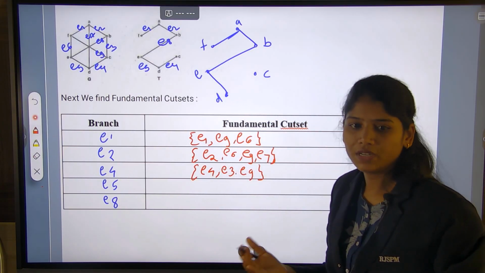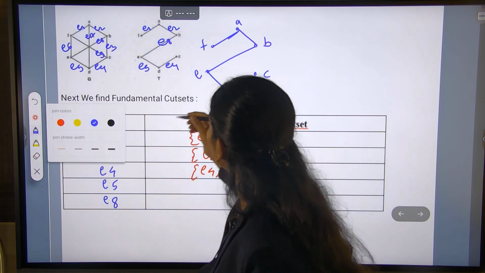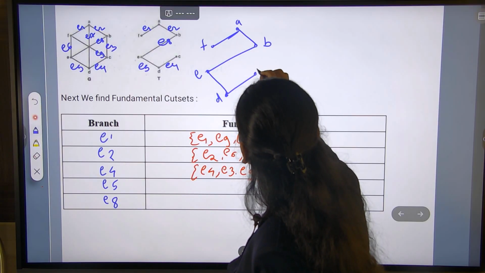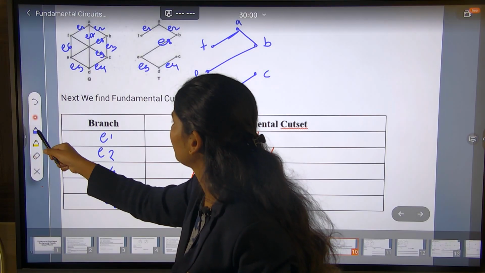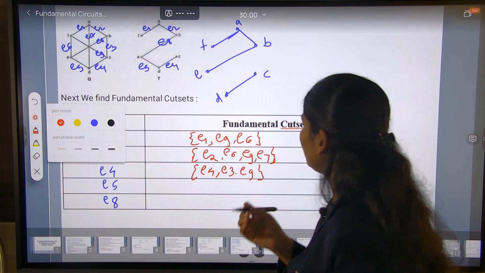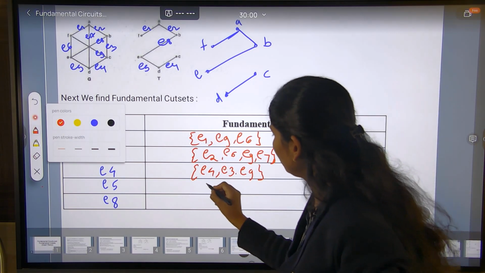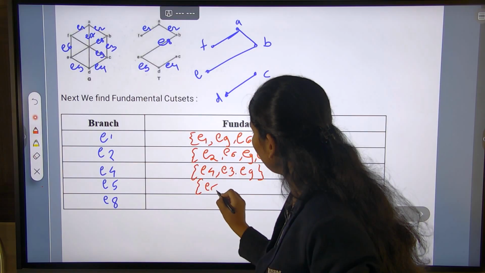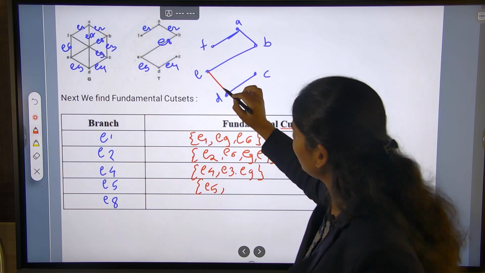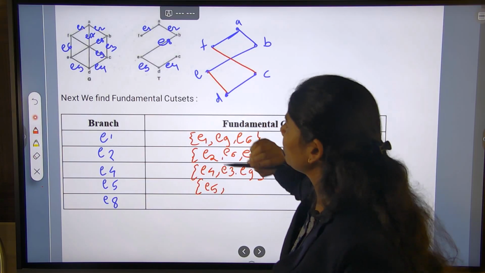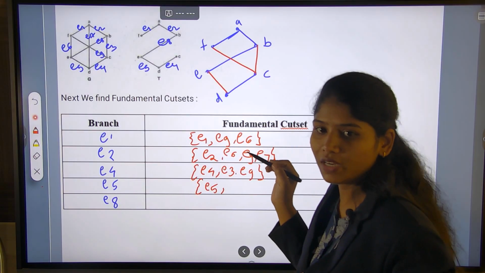Okay. Then remove the E5 edge. This one is E5. So remove E5 and check which chords we need to write down here. First of all, E5 itself. If we join E9, again we get the connected one. If we join E3, again we get the connected one.